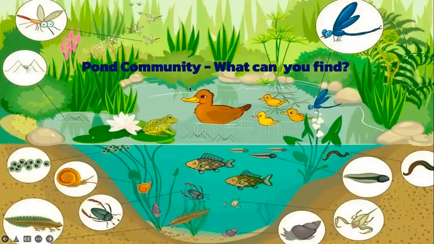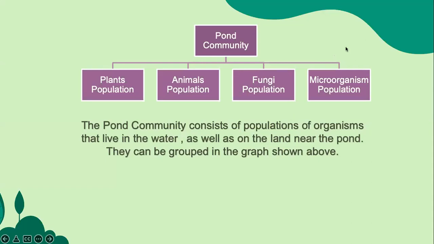All right. So now look at the pond community. Today we're going to look at the pond community. From here you should be able to see the different populations. We have the dragonfly, we have this species here, we have the frog, tadpole, water snails, fishes, duck, and so on and so forth. All of these make up the pond community.